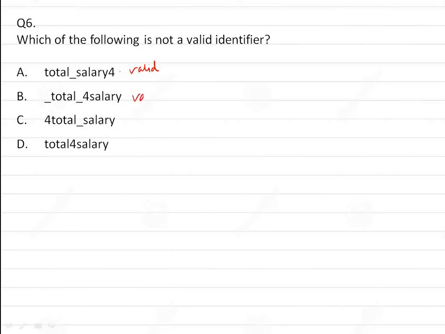This is also a valid identifier, because it begins with an underscore and other things are also satisfied. This is not a valid identifier, it is invalid. Why? Because it begins with a number, and the rule says that the first character should be an alphabet or an underscore. So this is invalid. And total_4_arrays is also a valid identifier. So the correct answer is C.